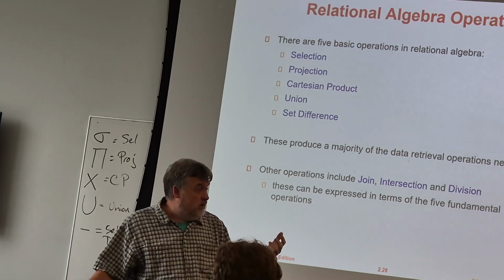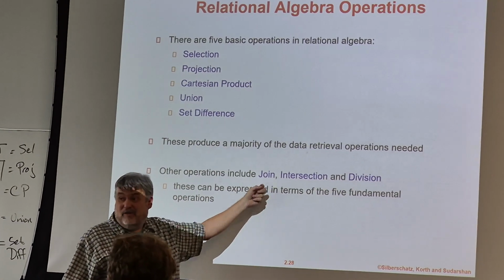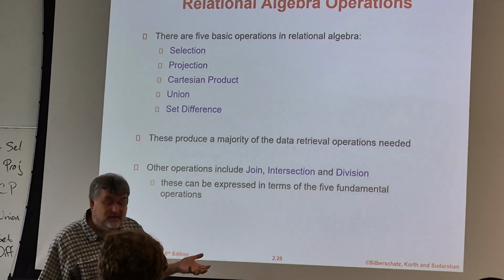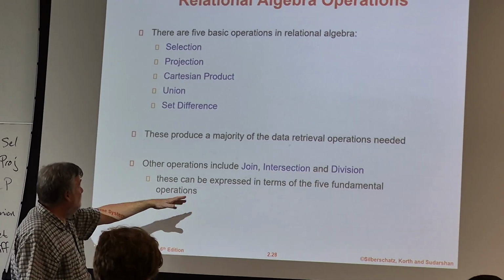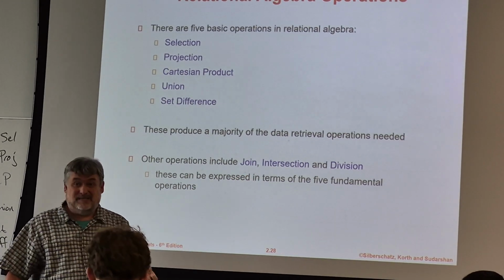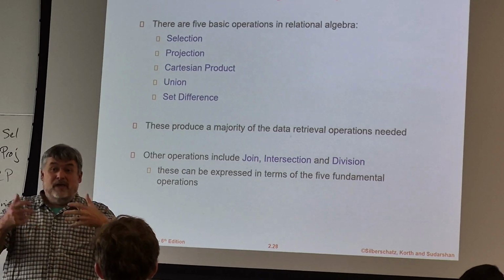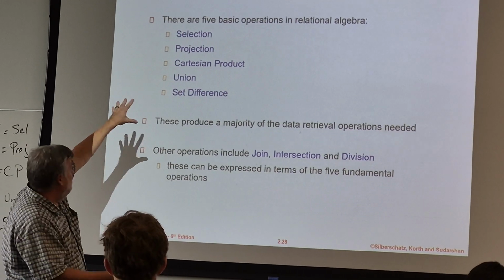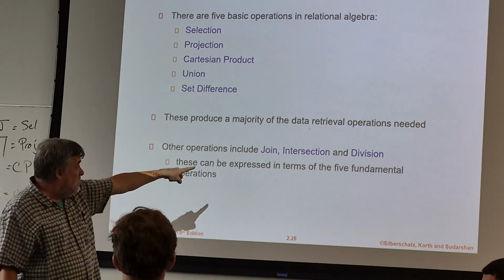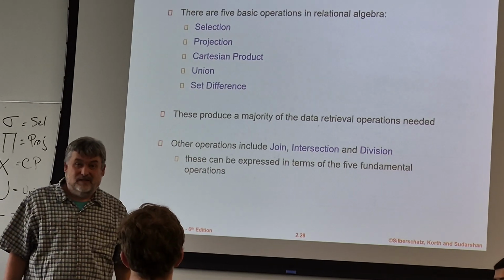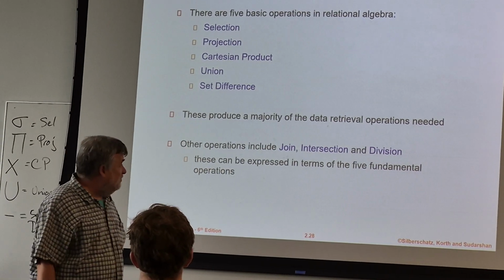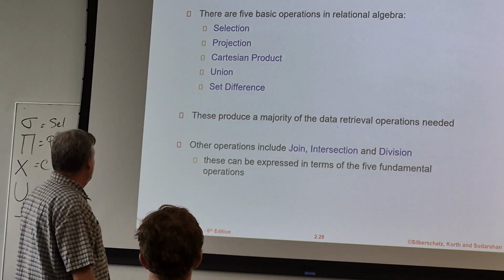One of the things we're going to want to do is join tables together. So that is another operation, but I'm not showing you that symbol yet because it's not fundamental, but we can put those basic operations together in such a way that they will do a join. That's the difference between the fundamental ones and the non-fundamental ones.